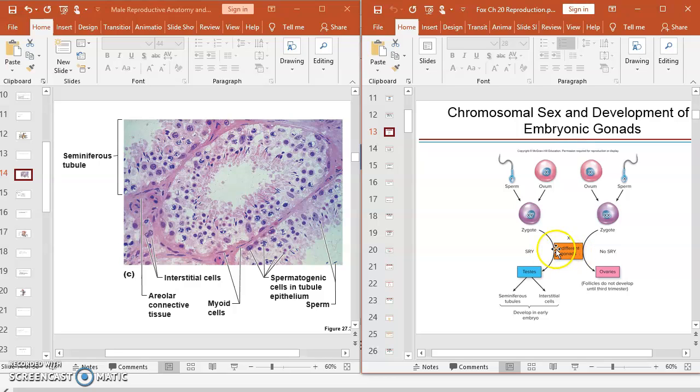So right now it's kind of an indifferent gonad. And then this testes determining factor would give the formation of the testes. And in the testes, you'll have the seminiferous tubules, which will be the cells that will be important in making the sperm.